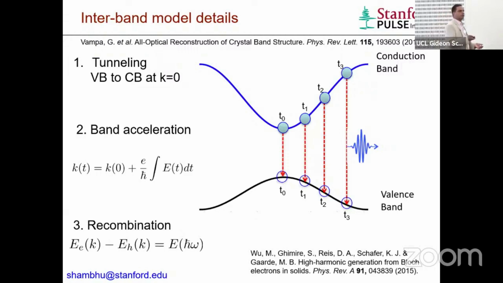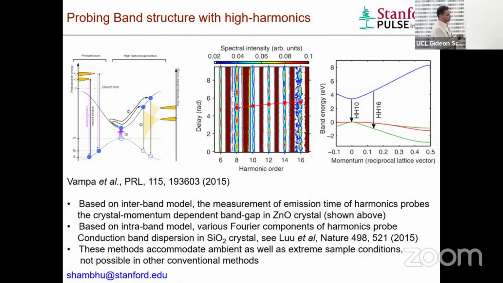Probing the momentum dependent band gap is also not a trivial thing, even in the condensed matter physics community, especially when the conduction bands are unoccupied. Okay, so there has been some attempt to do that. This is nice work from Vampa and others, where they used the same zinc oxide crystal and used this two-color method to measure the emission phase of harmonics, and were able to retrieve at least some features of the zinc oxide band structure.